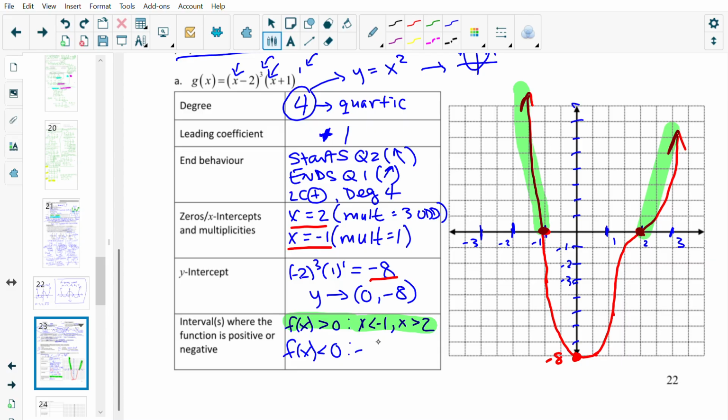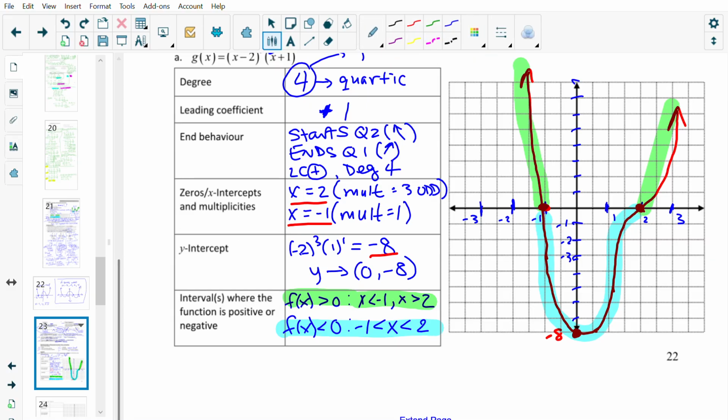And then where is f of x less than 0? Where is it negative? This is at -1 is less than x, and 2 is greater than x. Right here. Okay, there's your first sketching of a graph based on all the key characteristics.